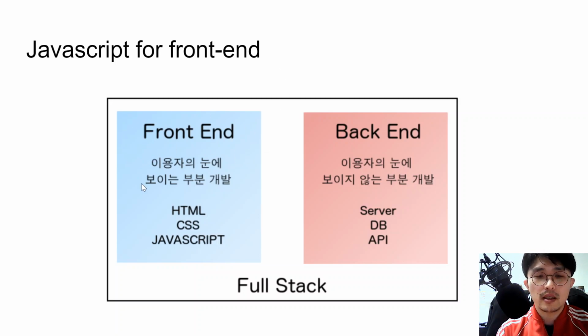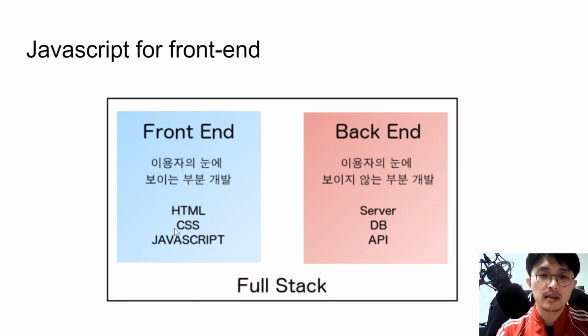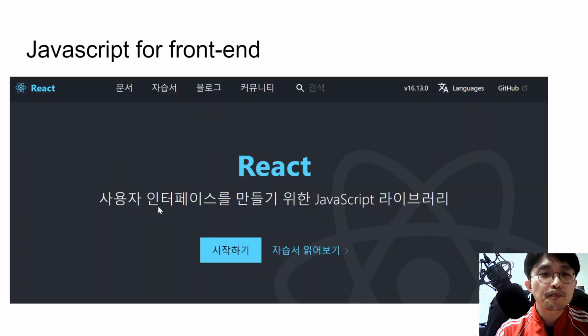Front end is for what we see with our own eyes. So the majority of it is HTML and CSS, and JavaScript actually manipulates these two main things, HTML and CSS. So we use JavaScript for the front end.